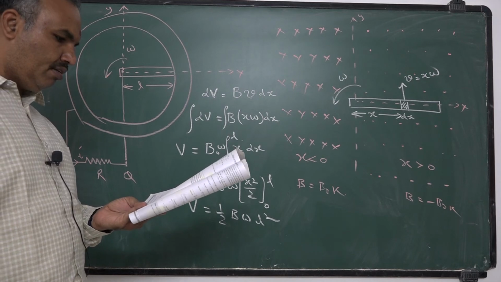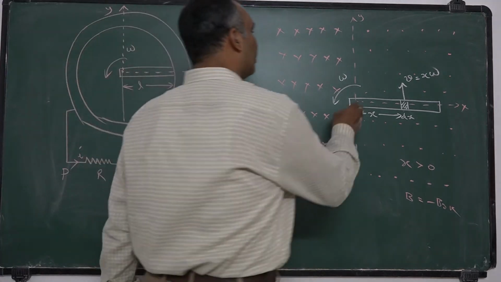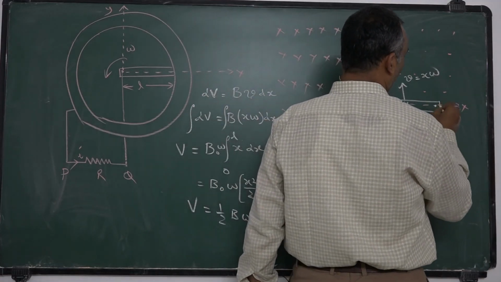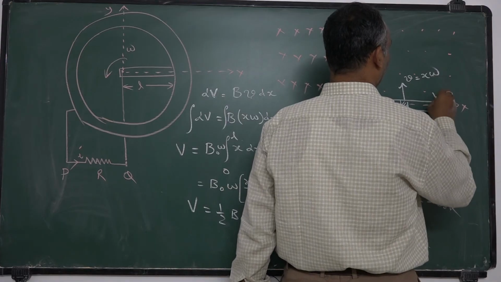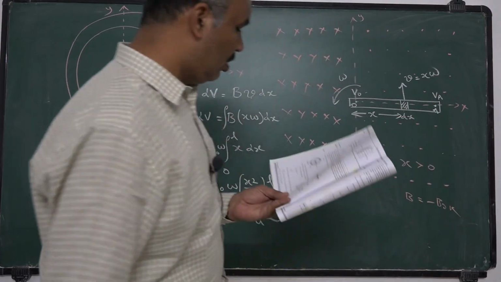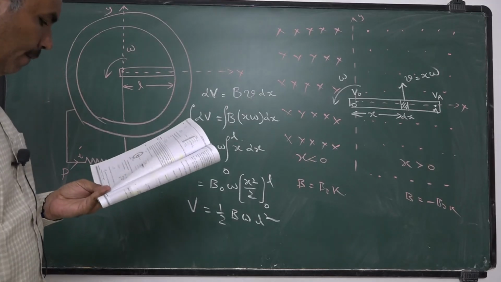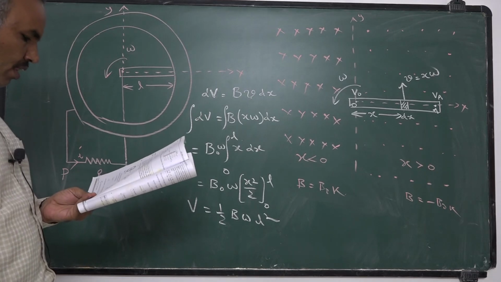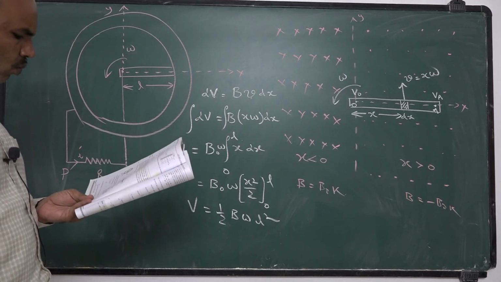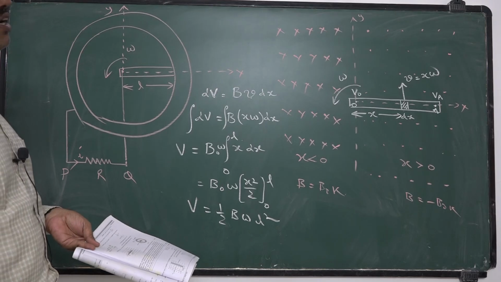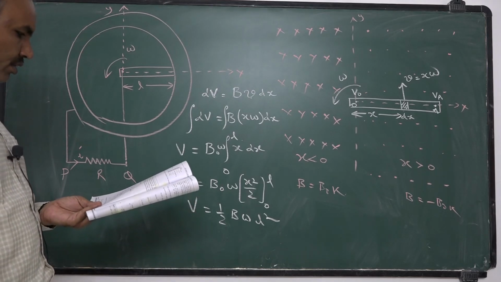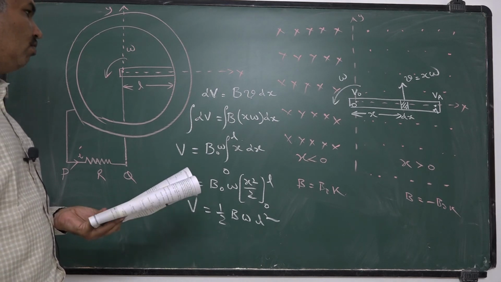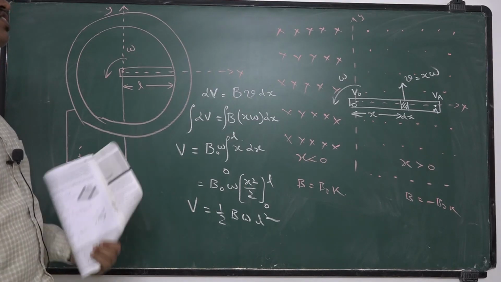But here, let me take this point as O and the potential here as VO, and let me take this point as A and the potential here as VA. So if you observe clearly, is the potential at O greater than the potential at A, or is the potential at O less than the potential at A? We have to decide. So for that purpose, we should take the direction of current into consideration.